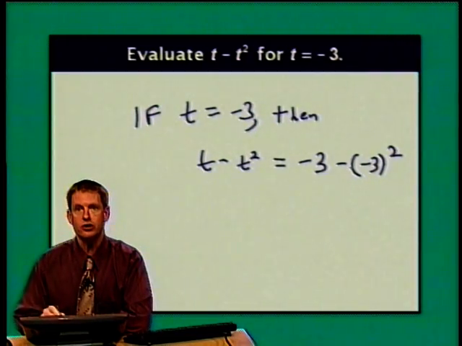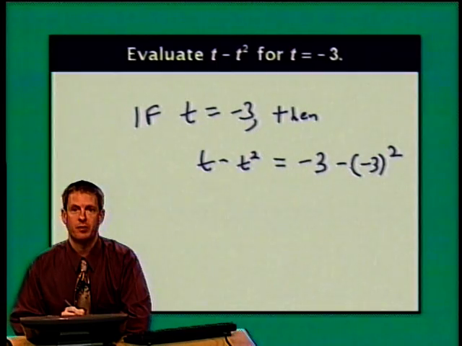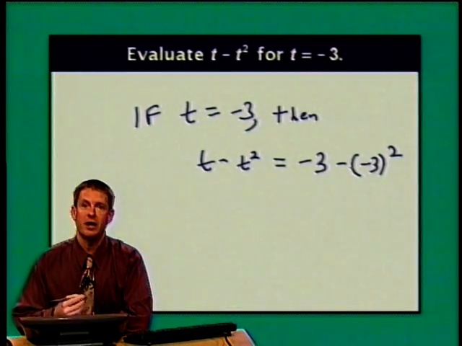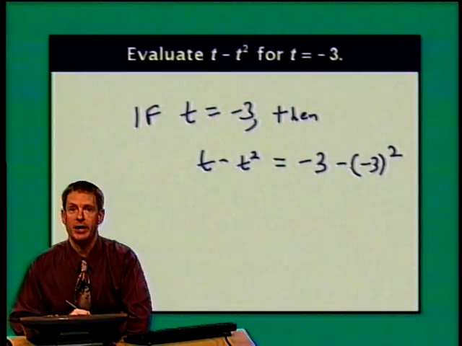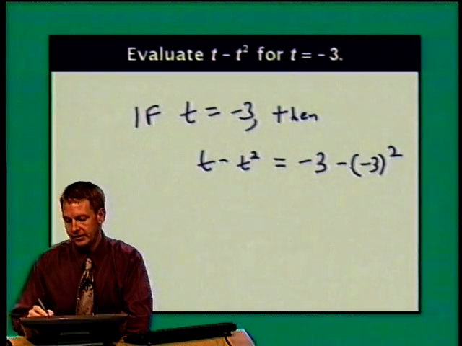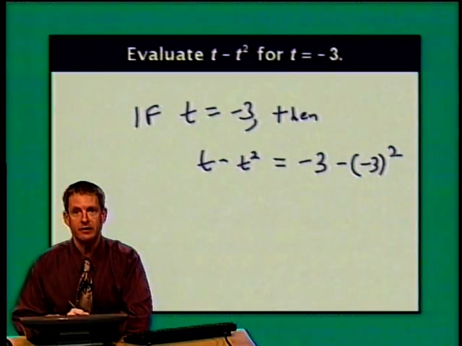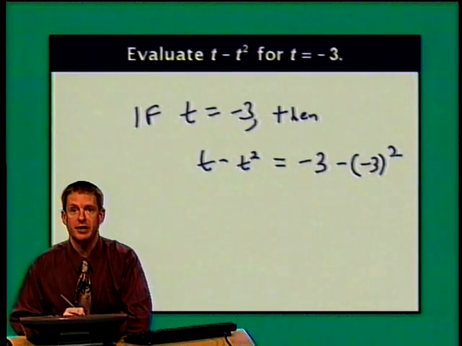There's two terms in this expression, and ultimately the operation I'm performing is subtraction. The second term is being squared. So because of order of operations, I need to perform the power before the subtraction.